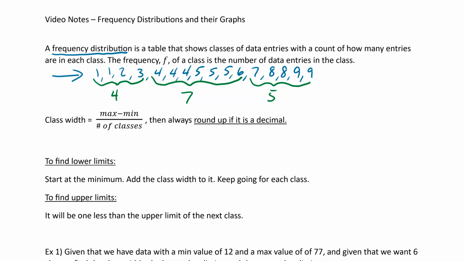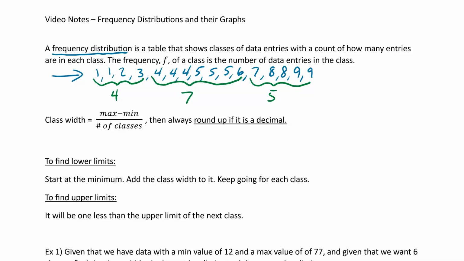So the class width is going to be essentially how wide those classes are. So like the numbers 1 through 3, that was 3 different numbers, right? So that was a class width of 3 because it was 1 through 3, 4 through 6, 7 through 9. I had 3 numbers in each class. Right?